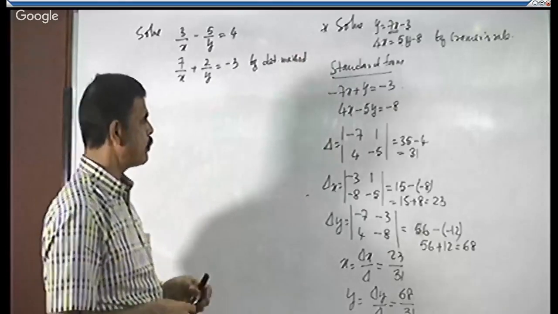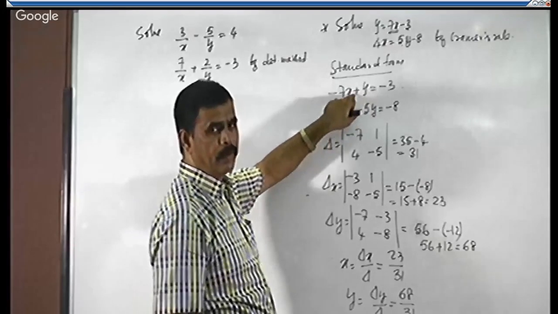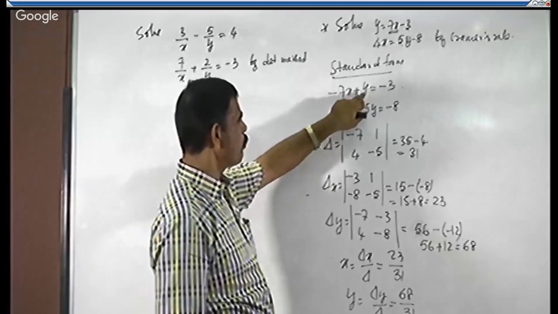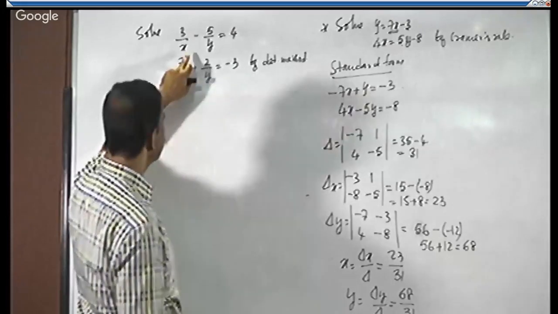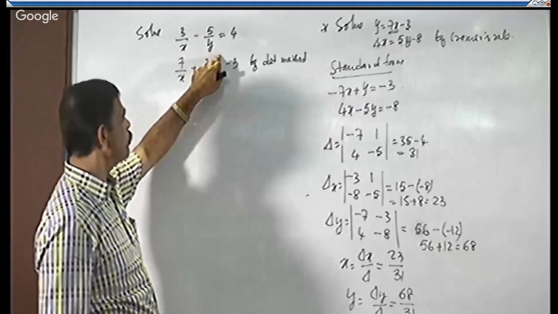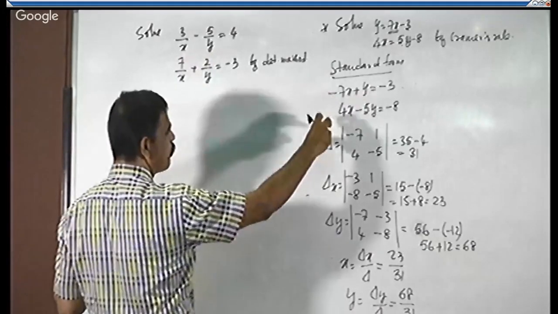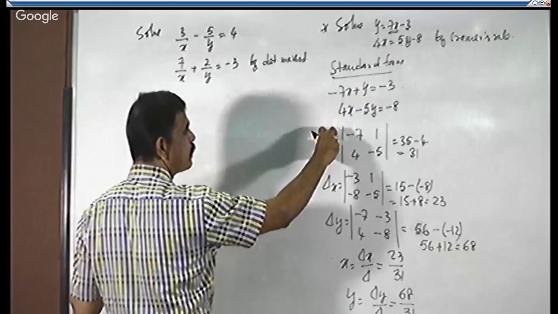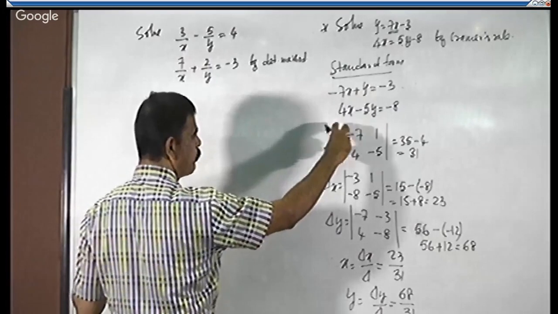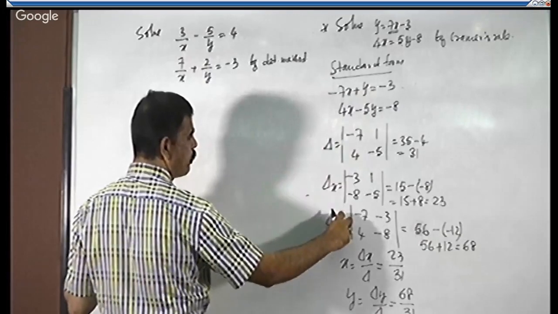In the last two problems, we saw that x and y are normally given. But here in this problem, x and y are given in the denominators, right? In the last two problems, we took the coefficients of the unknowns, x coefficients and y coefficients.